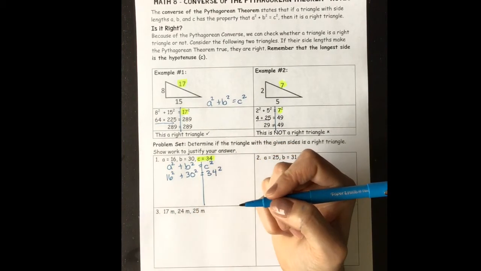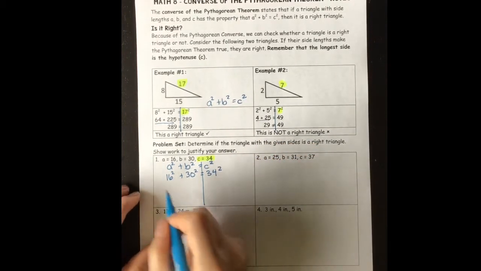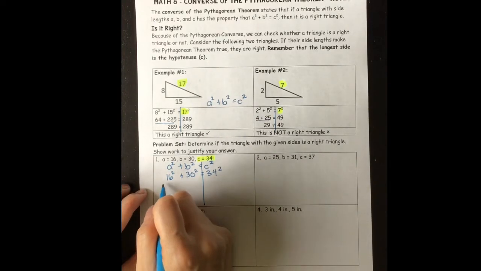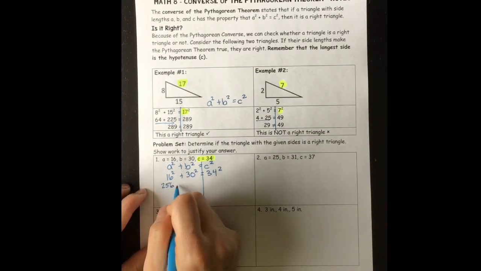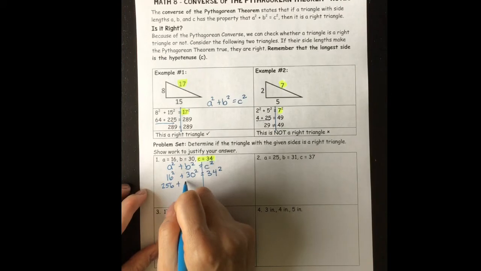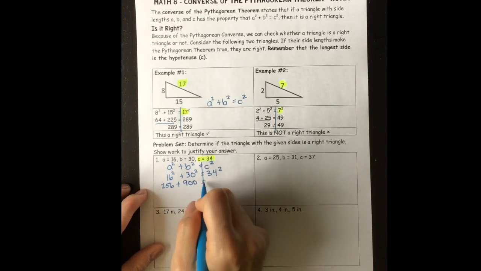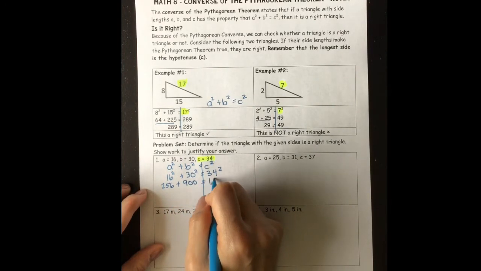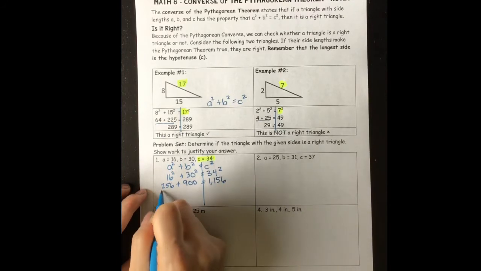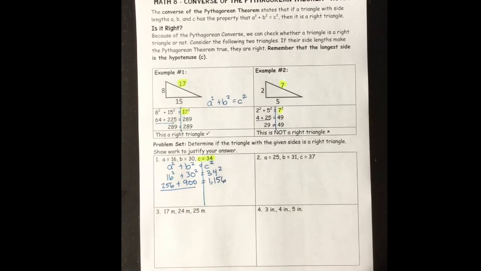And then I'm going to square each of those numbers. So 16 squared is 256, 30 squared is 900, and 34 squared is 1,156.